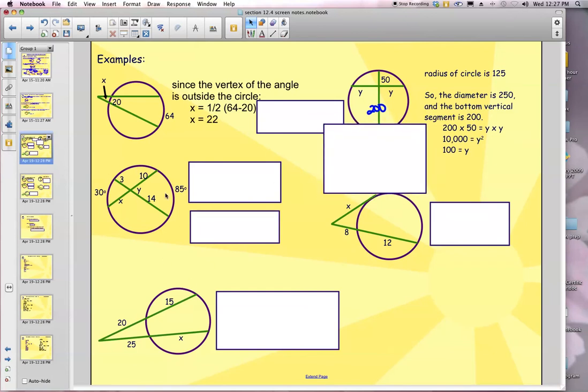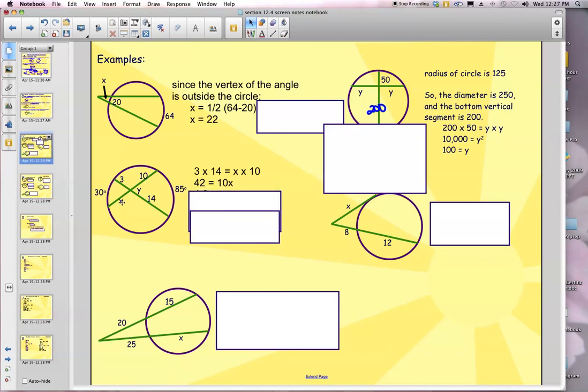Okay. In the next one, we have an x and a y to solve for. Let's start with x. X is a segment, and it's intersecting the other segment inside the circle. So that means we're going to do the pieces times the pieces, just like we did in the last one. So 3 times 14 equals x times 10.